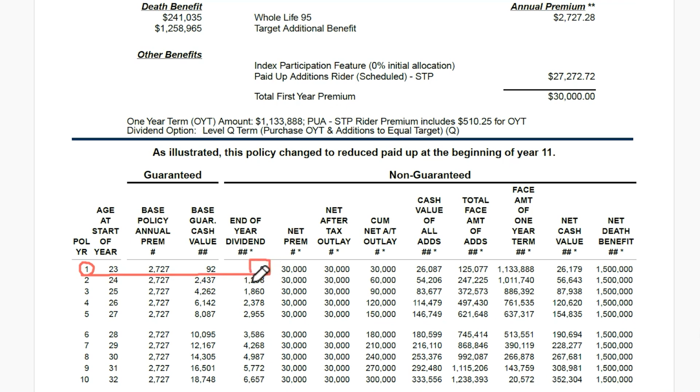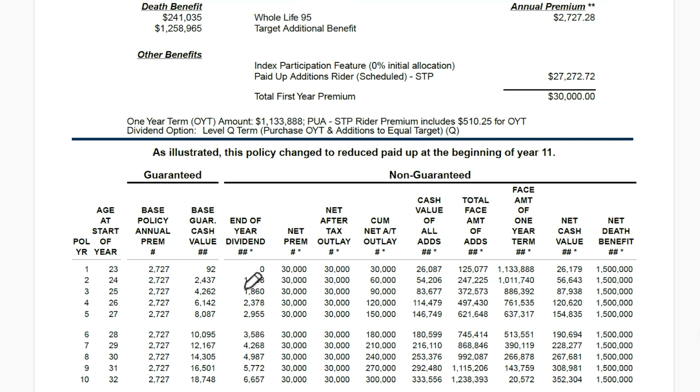The first year is zero. The second year, we start to see a dividend applied to the policy. It reads $1,298. So he's currently in year 2, but when he goes on his online account, the dividend still reads 0.